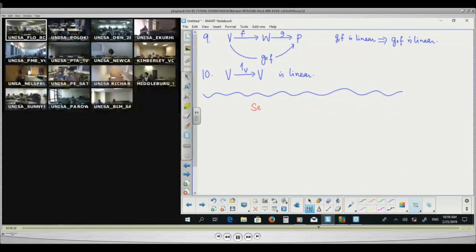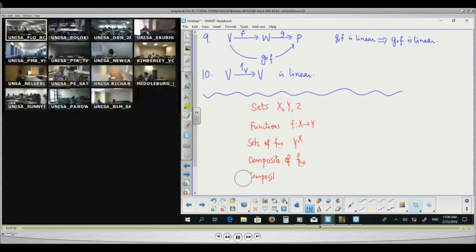Sets, functions, sets of functions, composites of functions, composites of linear transformations.